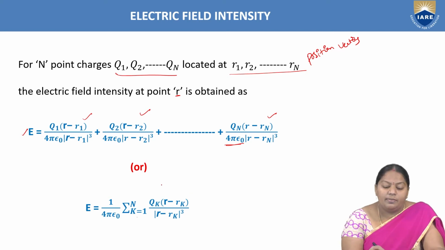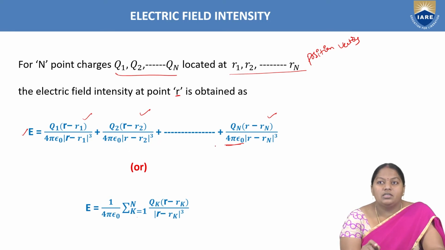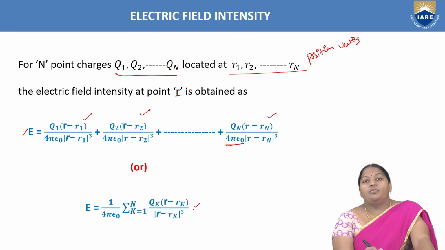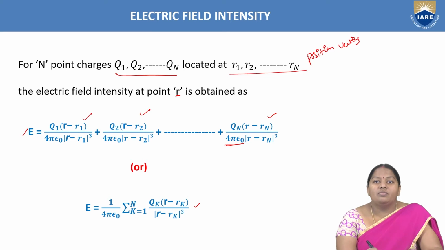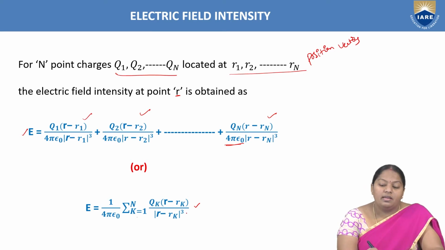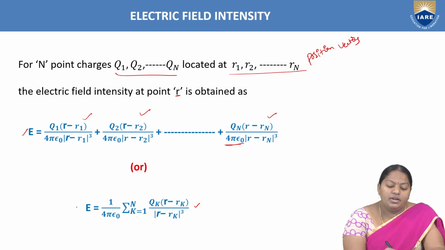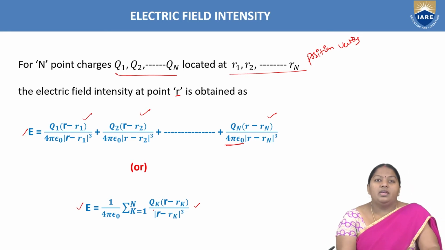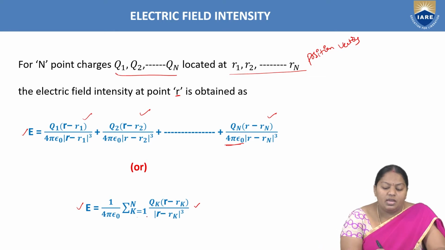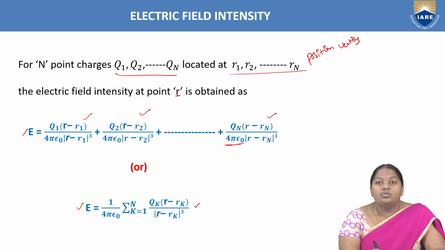If we substitute k equal to 2, then Q2 into R minus R2 by 4 pi epsilon naught into modulus of R minus R2 whole cube, plus and so on up to the nth term. So if we have n number of point charges and want to locate them with respect to position vectors, the electric field intensity E can be collectively written as E equals 1 by 4 pi epsilon naught, summation of k equal to 1 to n, Qk into R minus Rk by modulus of R minus Rk whole cube.